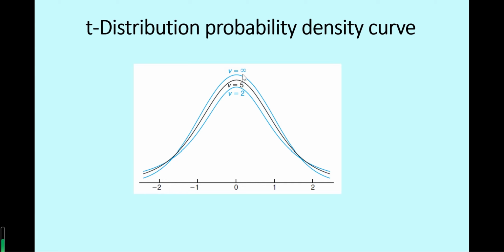The highest one is also called the normal distribution curve, because if the degrees of freedom in a t-distribution becomes very, very large, it is very close to, approximating, a normal distribution. Usually the t-distribution's density curve has a flatter shape than the normal curve and has a longer tail than the normal curve.